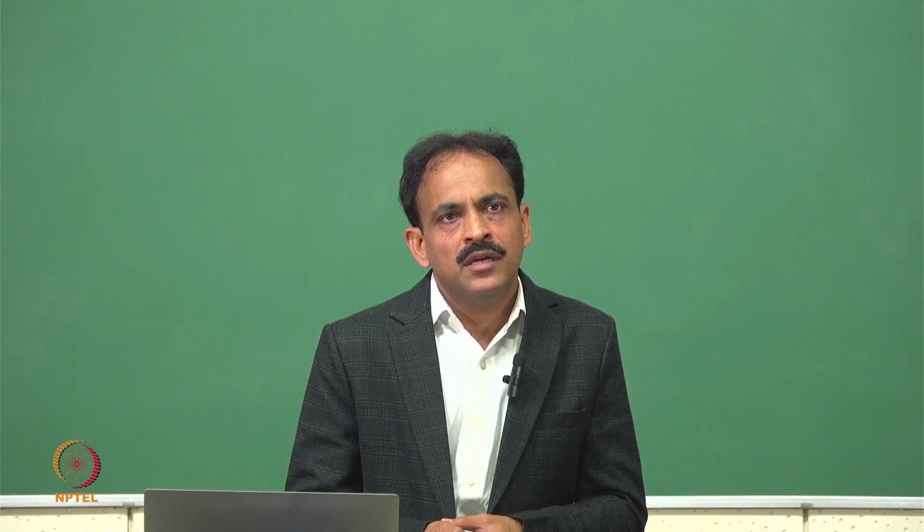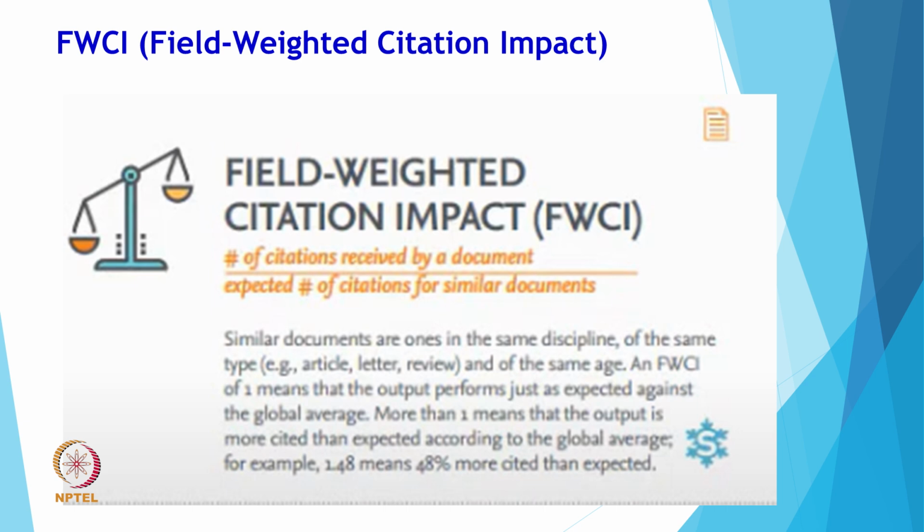FWCI is a unique metric that is only available via Scopus SciVal, and it is calculated based on the publications indexed in Scopus after 1996. For calculating FWCI, what we have to do is divide the citations received by the publications in the publication year plus the following 3 years by the expected number of citations per publication received in the same time by similar publications.